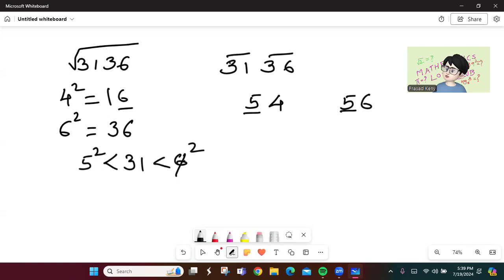For that, I have taken the product 5 into 6, that is 30.